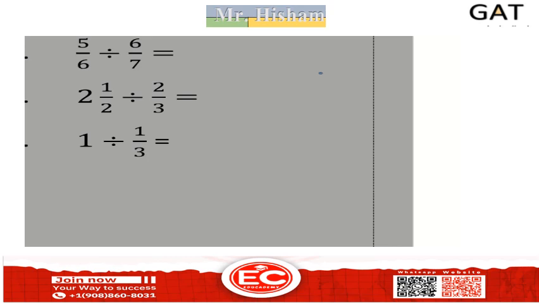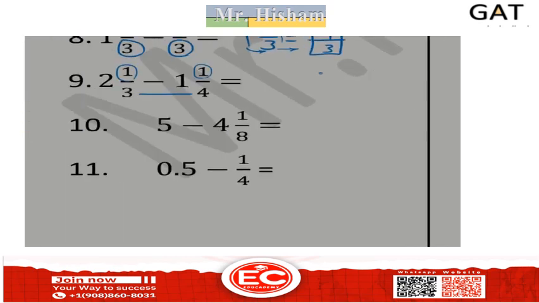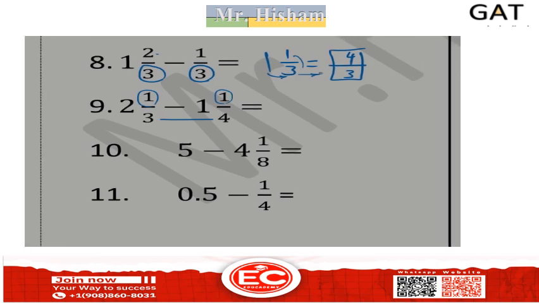Why? So I have 12 and 12, which is a common denominator. 1 by 4 is 4, 1 by 3 is 3. So 4 minus 3 is 1 over 12. So I go back to the question: 1 over 3 minus 1 over 4 is 1 over 12, and 2 minus 1 is 1. So the answer is 1 and 1 over 12.